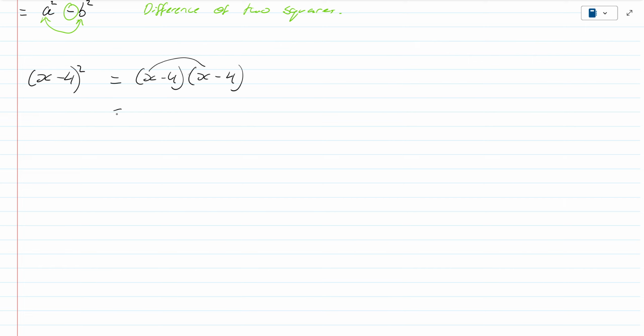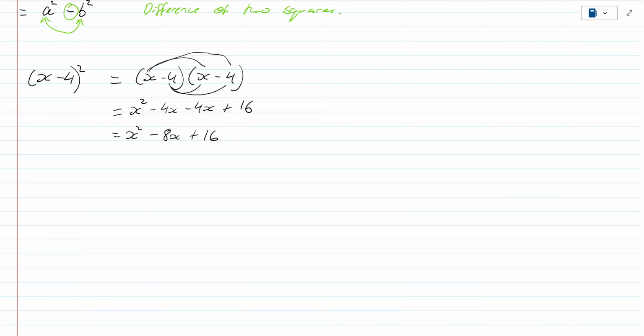X times x gives you x squared. X times negative 4, negative 4x. Negative 4x again. And then there's going to be positive 16. Negative 4 times negative 4 gives you positive 16. Collect your like terms. X squared, we have negative 4, take another 4, give you negative 8x plus 16. So you can see in this example, it's more of a perfect square because we have a trinomial answer.